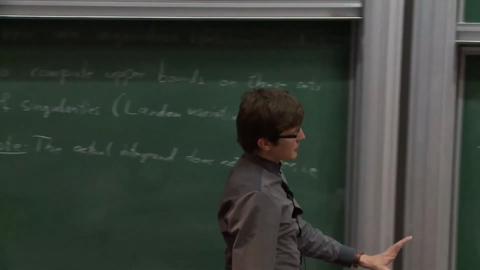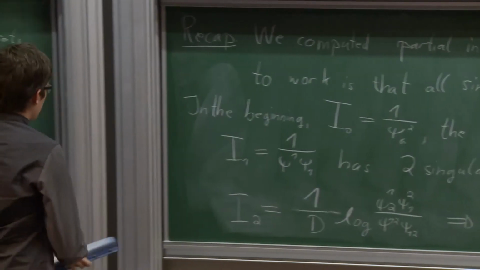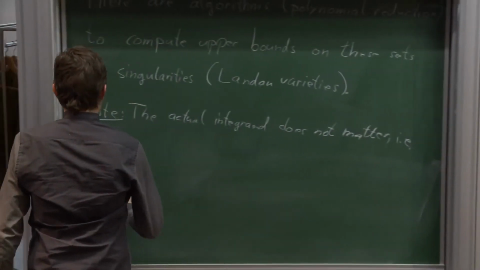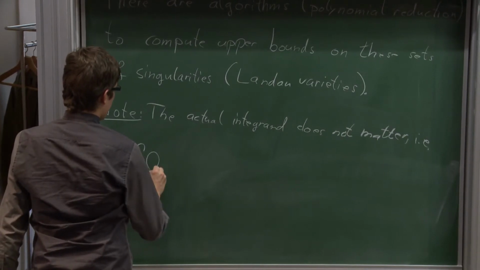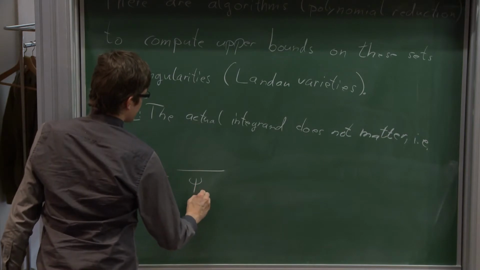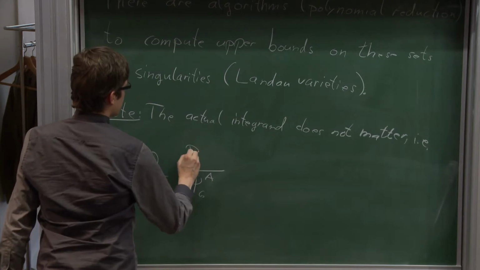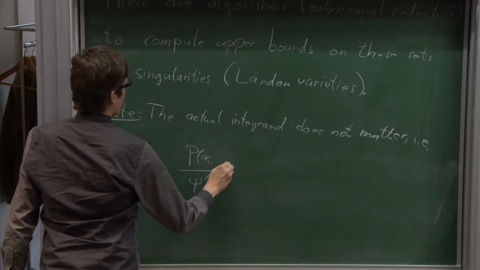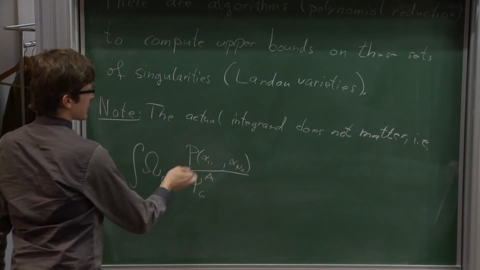So if you compute a polynomial reduction for this graph just with the first Symanzik polynomial, then we can also make statements about integrals, generalized integrals of this form. There we have omega G, but we raise psi to some higher power a, and we put some polynomial in the numerator, so such that everything is homogeneous.